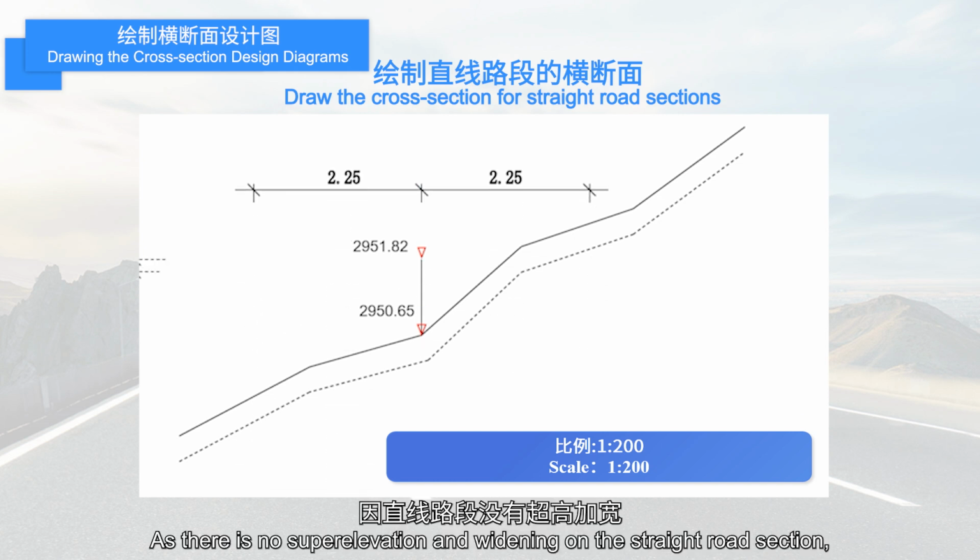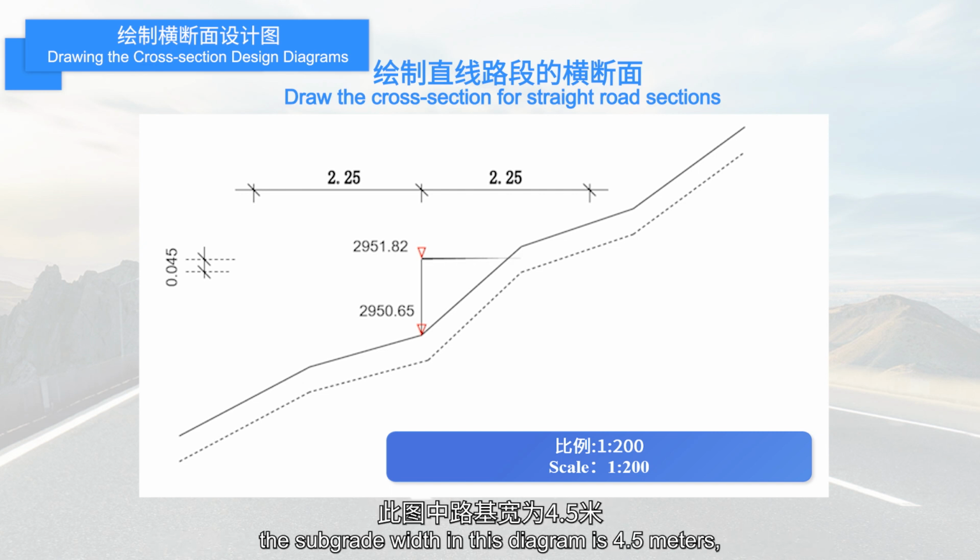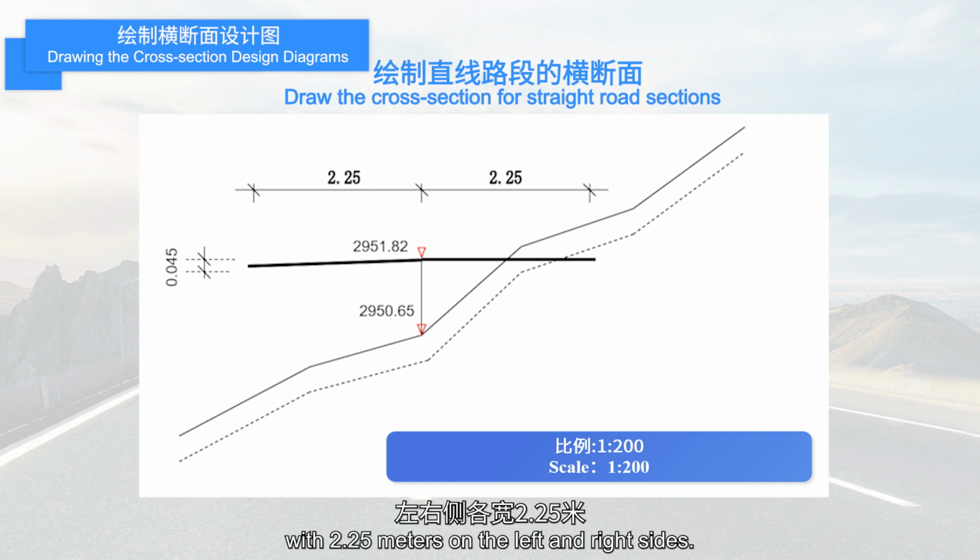As there is no superelevation and widening on the straight road section, the subgrade width in this diagram is 4.5 meters, with 2.25 meters on the left and right sides. The gradient of the road crown is 2%.